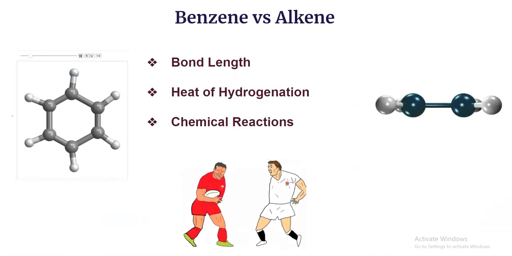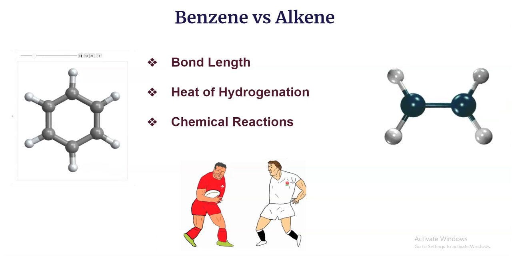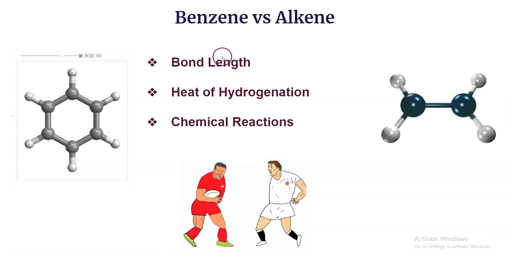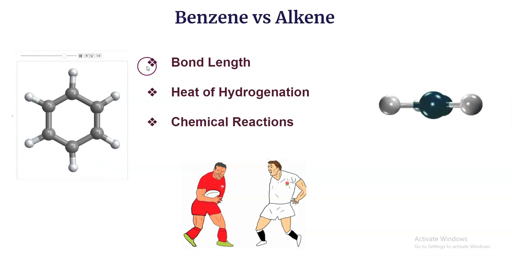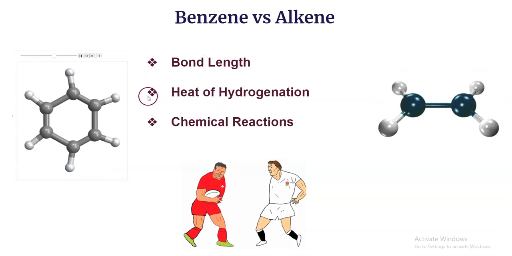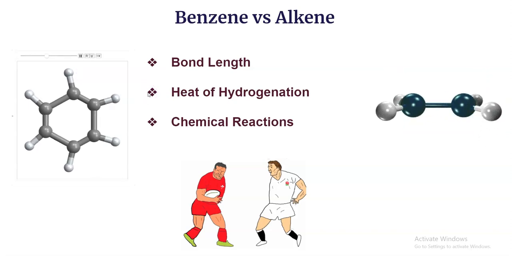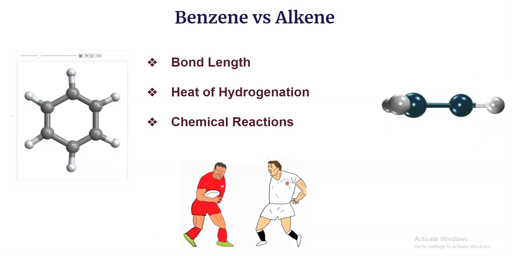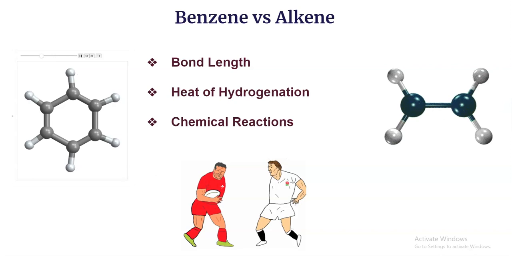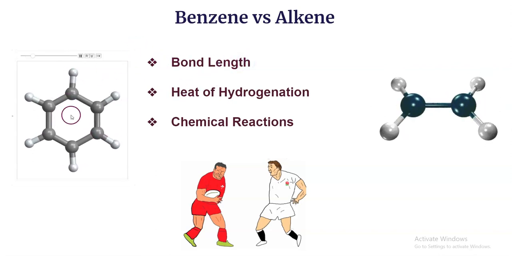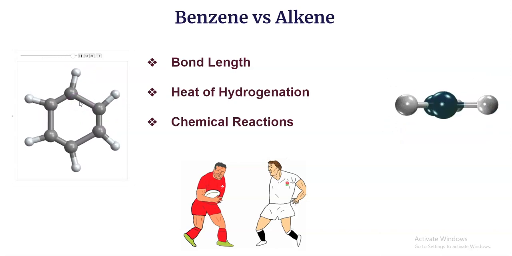How can we say benzene is different from an alkene? How are the properties of benzene different from an alkene? We're going to talk about 3 important factors that will justify that benzene is actually much, much different from an alkene. It's a class of its own, an aromatic system. The 3 components are: first, we're going to look at bond length and see how the bond length of benzene tells us that it's different from an alkene.